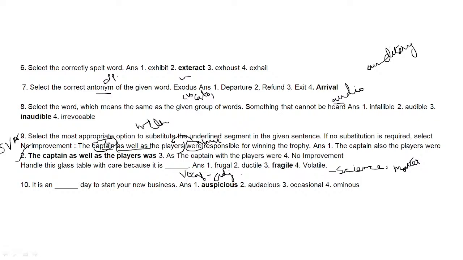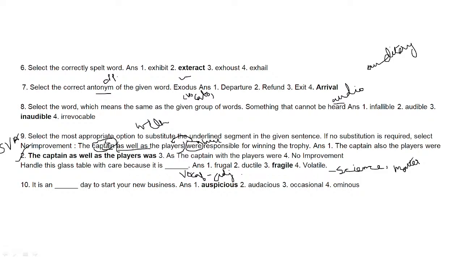Read random dictionaries, that is all I can say. Randomly read dictionaries and check the meanings of words you come across that you don't know, that you are hearing or learning for the first time. And these science and matter words are very important because there are confusions regarding these words.